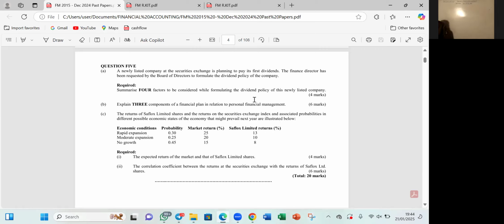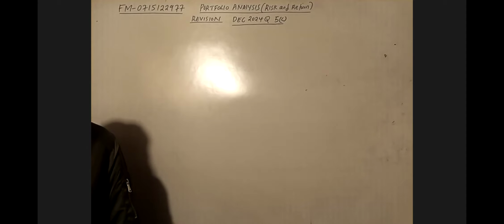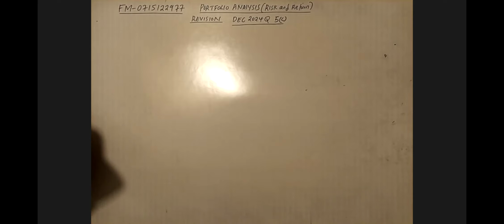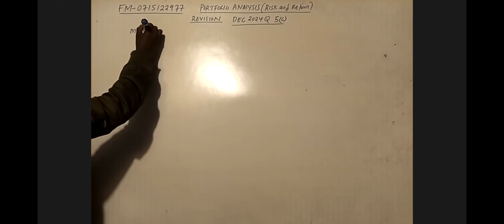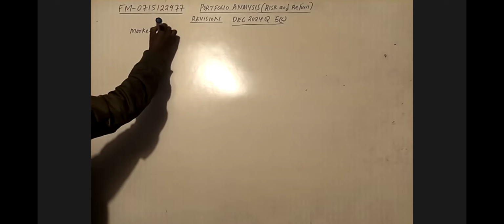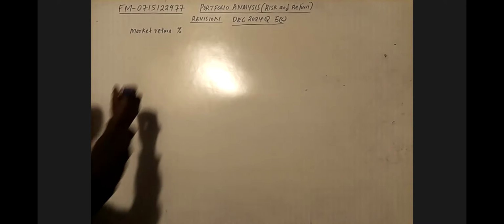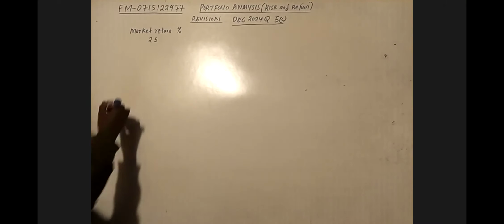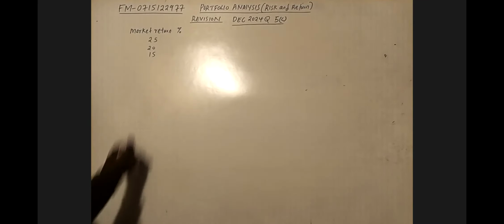That one is okay. Now I will stop sharing. Let us do that question together. So number 1, let us start with computation of expected return. So what we need is the market return, which is in percentage. Then the other one is 25, 20, and 15.